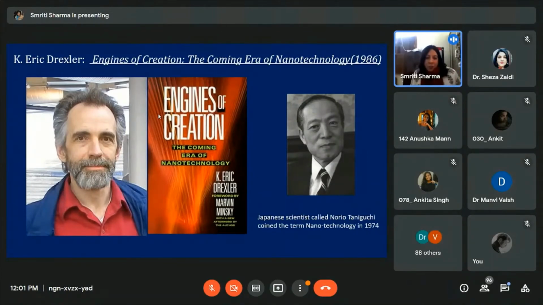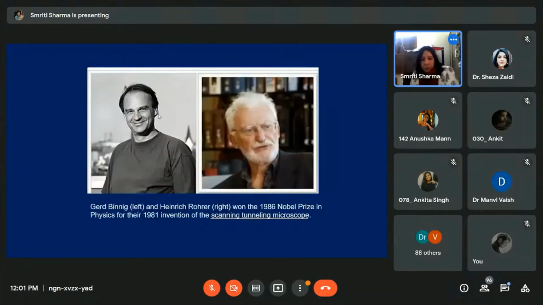Some called him the father of nanotechnology, but after 1959, when he said this, it did not gain that kind of momentum. It gained momentum after this. Simultaneously, there were so many brilliant discoveries in this field that it had to gain momentum. As I told you, the reason for so much buzz now is that we can manipulate atoms and molecules on the atomic scale.